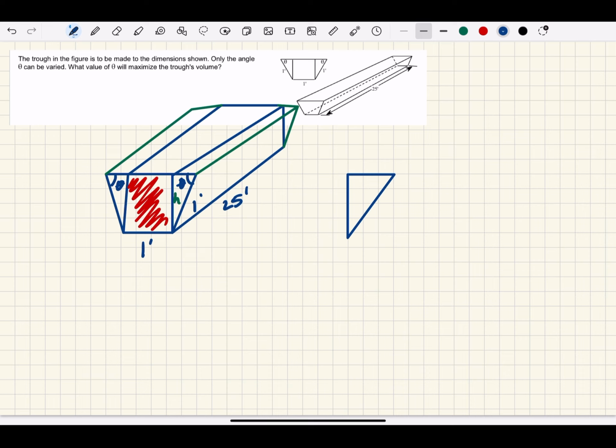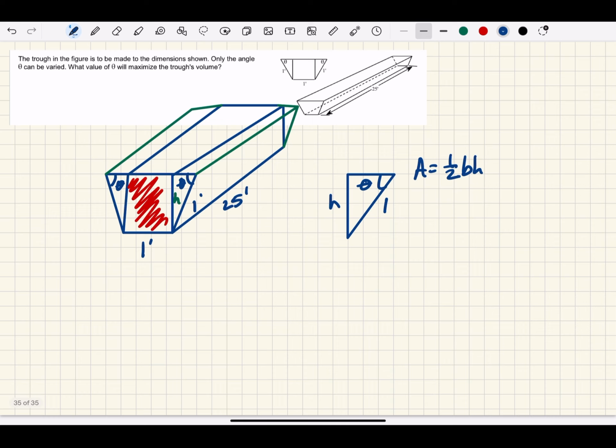So this triangle, we are told, has a hypotenuse of 1. We have an angle theta, and we have labeled this side h. Now the area of that triangle would be 1/2 the base times the height.